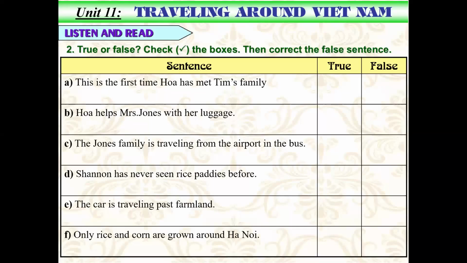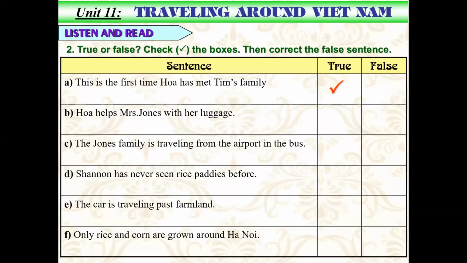We take the keywords to the conversation and find the answer on the third line. Mr. Jones said, "It's nice to meet you finally, Hoa." The sentence "It's nice to meet you" is used for the first time you meet someone. So sentence A is true.